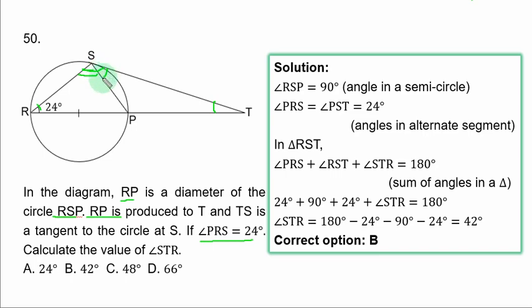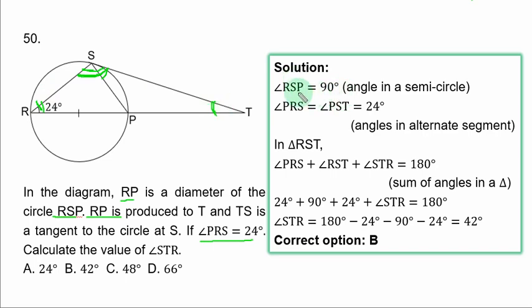Then this angle here is equal to this angle, that is angles in alternate segment. So the whole of this angle now is 90 plus 24, plus this 24, plus this angle. The sum is equal to 180.